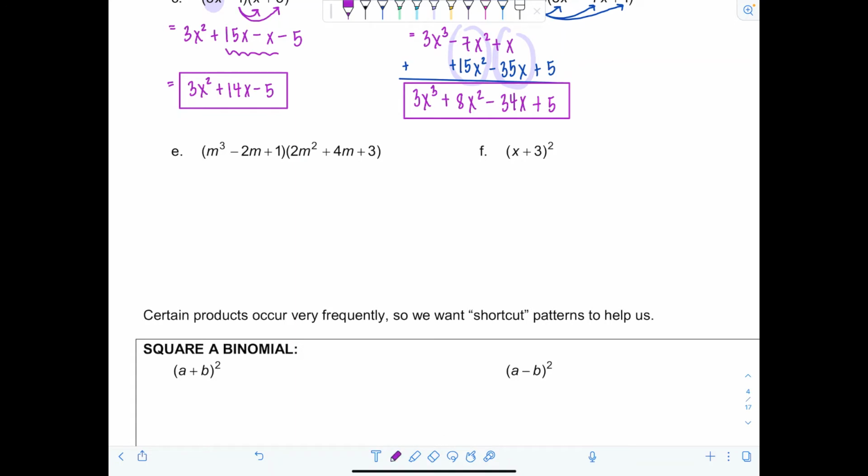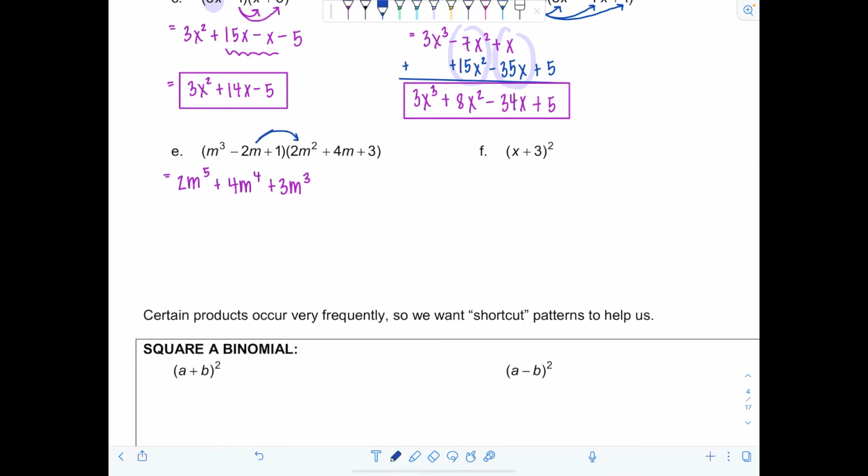Here we go. So we've got m cubed to distribute first. So this is going to be 2m to the 5th plus 4m to the fourth plus 3m cubed. Good. Now let's distribute the negative 2m.